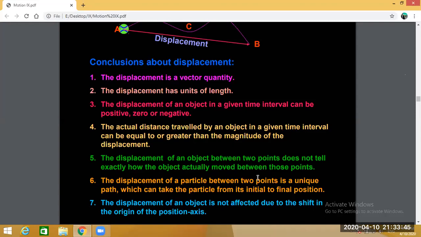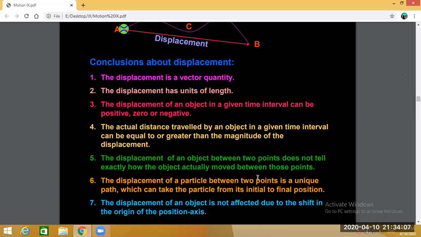It only tells in which direction the object traveled and came to the destination point. So we cannot specify which path was followed by the object while coming from A to B. It can only specify direction and shortest distance between the two.